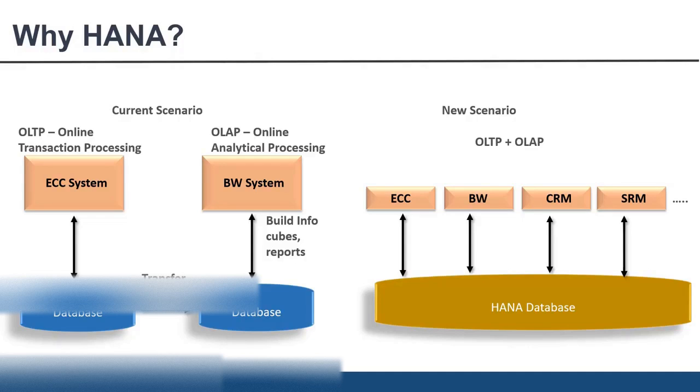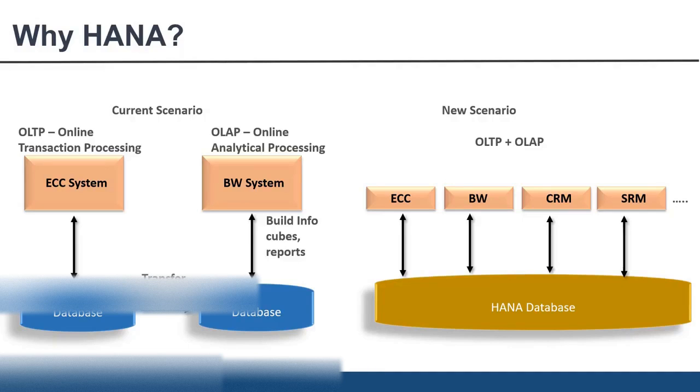So this is the most important reason why SAP came up with the next concept of HANA, because the industry was facing this issue of getting real-time analytics, because the existing databases were not having the capacity to handle a huge amount of data with a very high speed. The business had to have a different system for OLTP and a different system for OLAP.